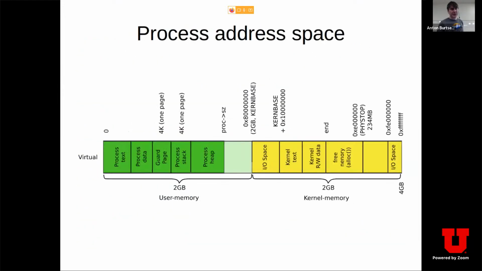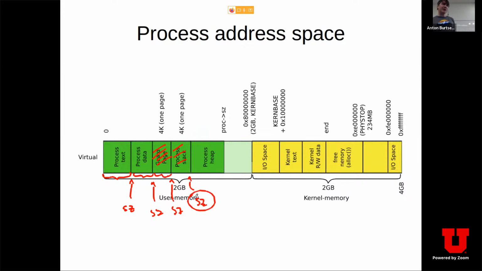We do this fetch. I just wanted to explain the meaning of this proc sz variable. Next time we're going to look at how we create a process, and every time we load a section, we increment sz. We load the text section, then we load data, and sz becomes here. We set up the guard page to make sure that the user cannot overflow the stack, and sz will be here. Then the process stack, and sz will be here.